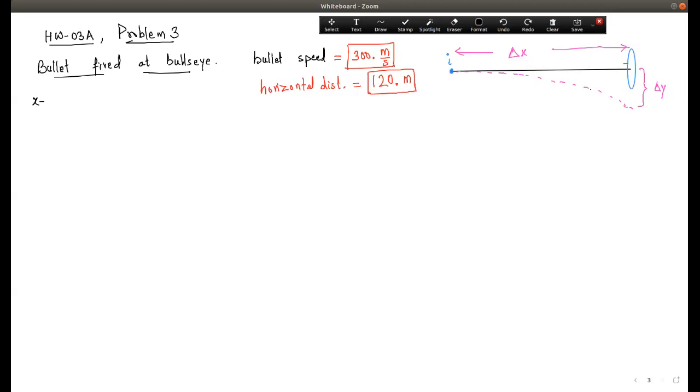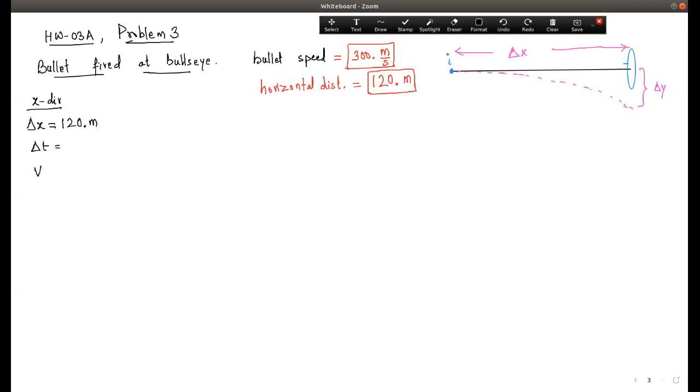Again, in the x direction, since it's projectile motion, it is going with uniform velocity. Only 3 variables. Delta x is given to be 120 meters. Delta t, we don't know how much time it takes for the bullet to go horizontally, and at the same time fall vertically.